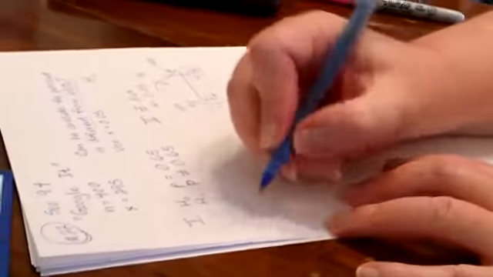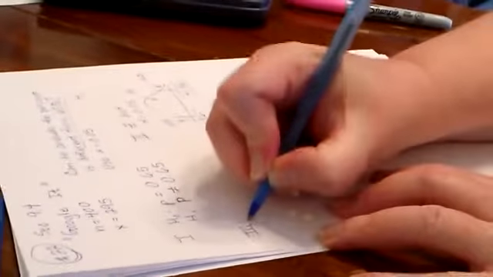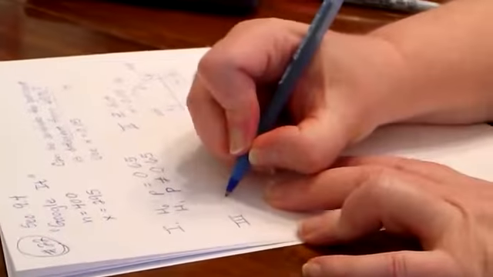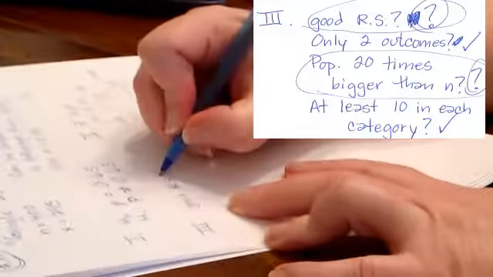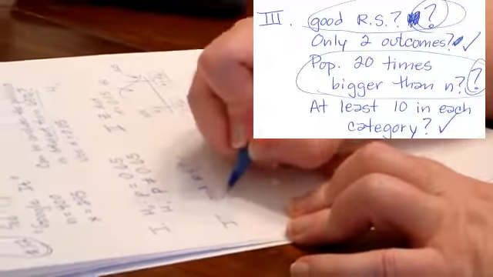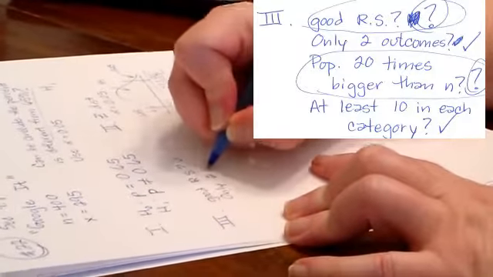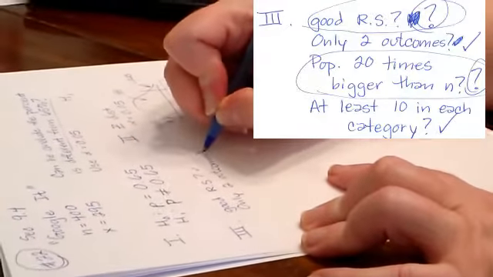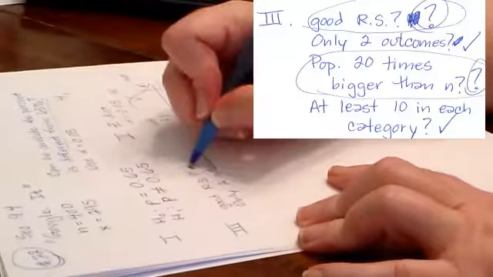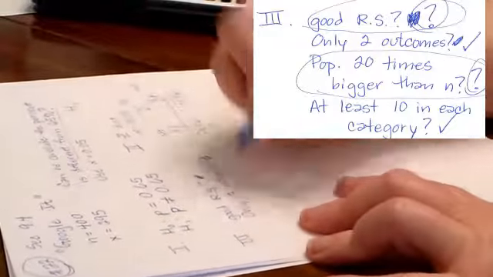Okay, step 3. For proportions, we have a lot of stuff to check. Is this a good random sample? Are there only 2 outcomes? Oh, I'm checking them off without thinking about it.